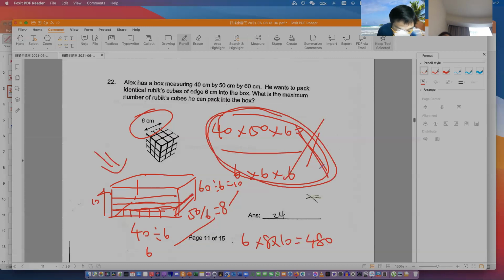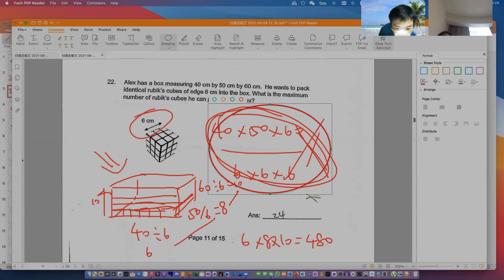This is a very common mistake by students. When you make use of this concept, which is wrong, what you assume is that all the spacing here, you add all the spacing together, and then use the spacing to divide by this 6 times 6 times 6.